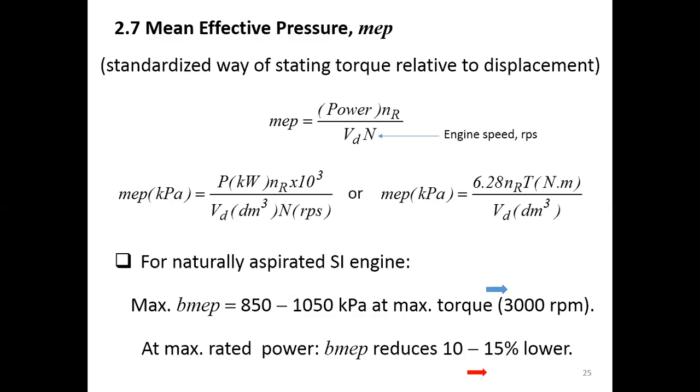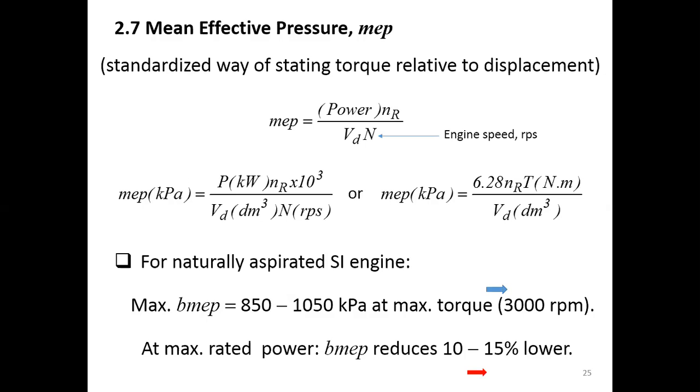This is the way that we can compare different sizes of engines that provide us different torque. So with this MEP, we can determine which one is the best. Otherwise, we may say, oh, this engine gives us bigger torque because the size is bigger, and this one gives us a smaller torque because it's a small size.